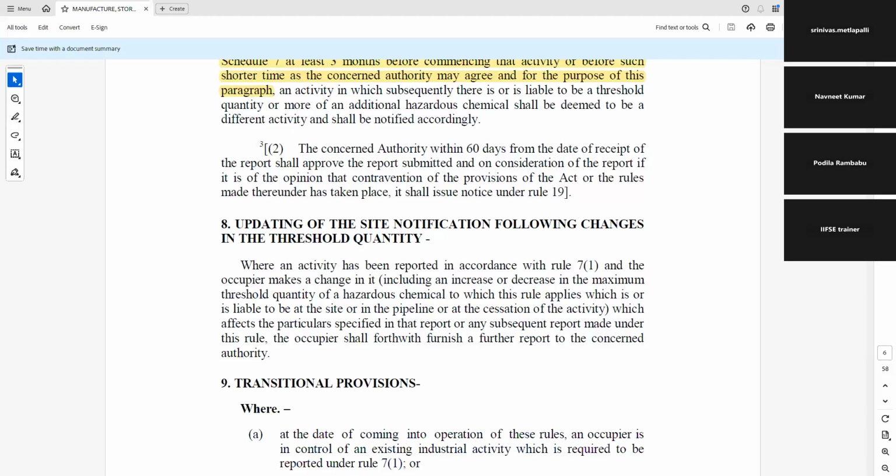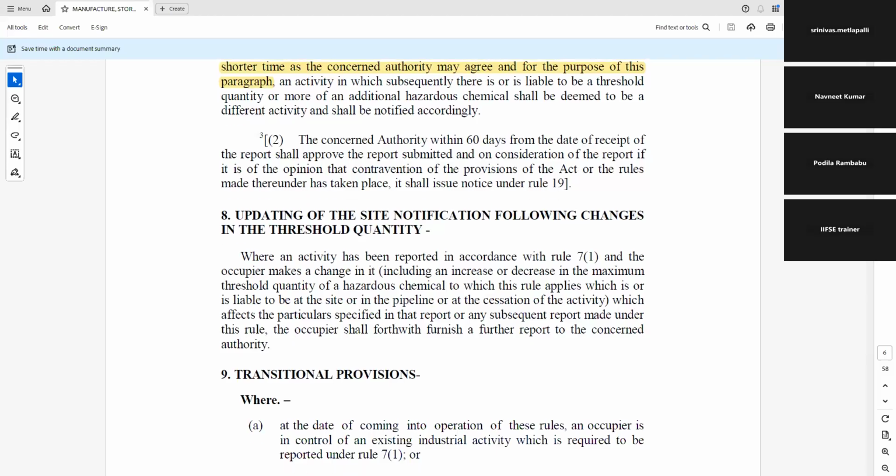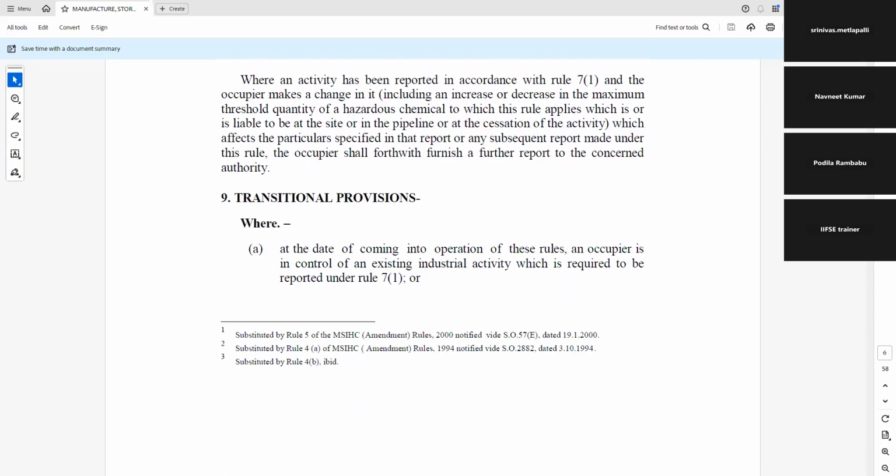It is simple: only in case of any modification. So either you are increasing the quantity beyond the defined threshold quantity, or you are having less than the threshold quantity, then you have to give a report or intimation to the respective authorities.